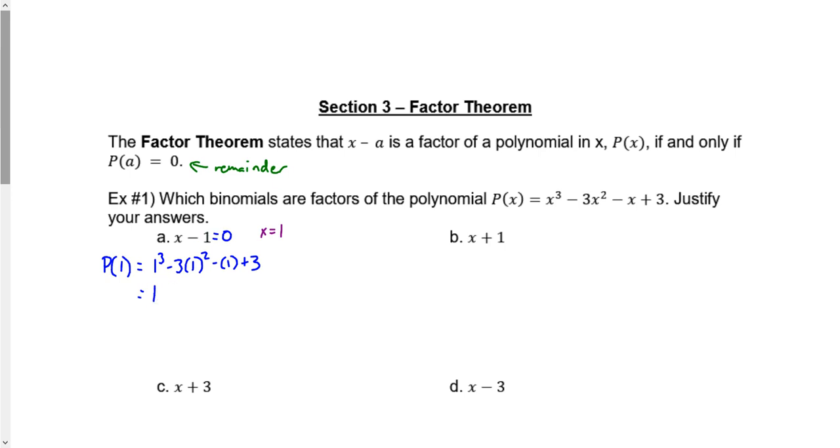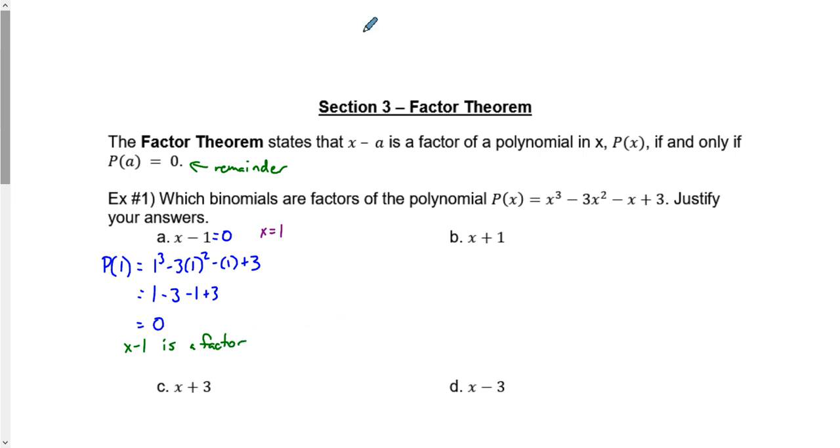Again, as I had said last day, I'm perfectly fine with you just plugging this in and finding out what it equals. I'm just going to go step by step. 1 squared is 1, multiplied by 3, negative 3, subtracting 1, add 3. Okay, it equals 0. So our remainder is 0, which means x minus 1 is a factor.